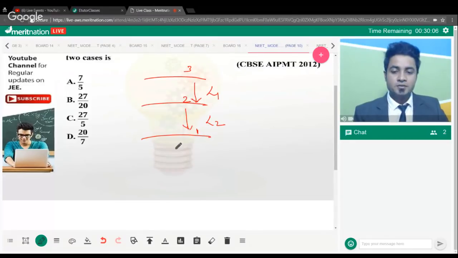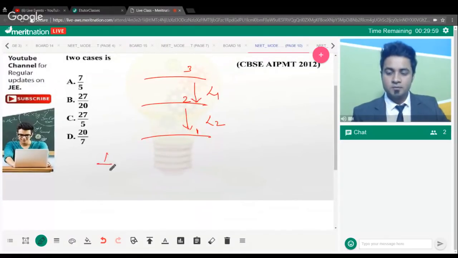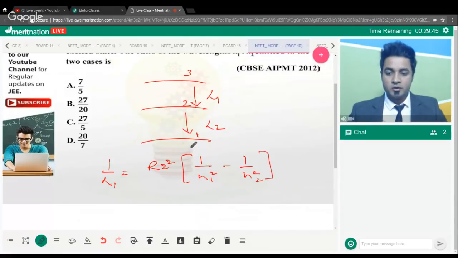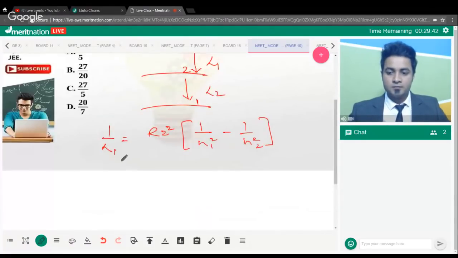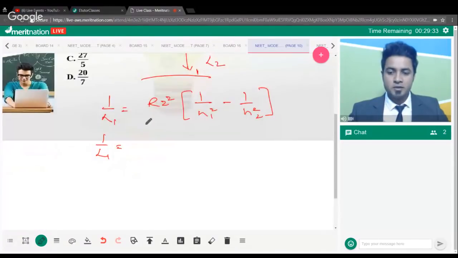Now this is going to be 1 upon lambda 1 is equal to R z square into 1 upon n1 square minus 1 upon n2 square. This is going to be 3 to 2, third excited to the second, right?